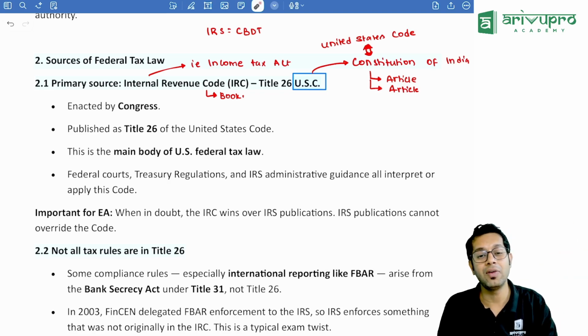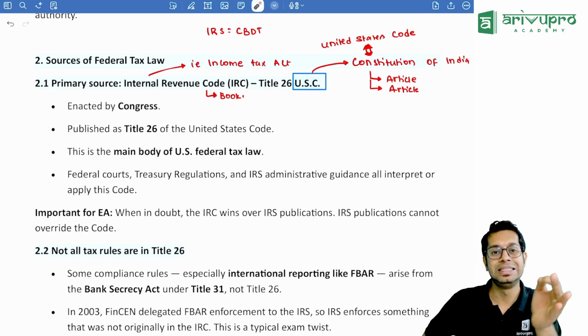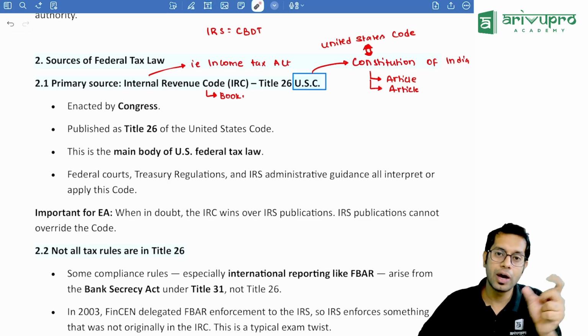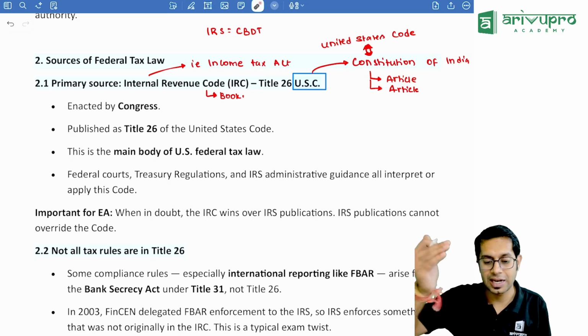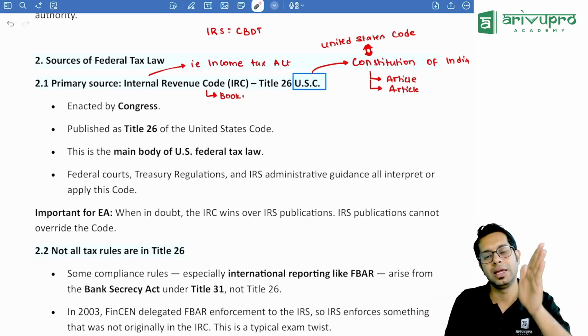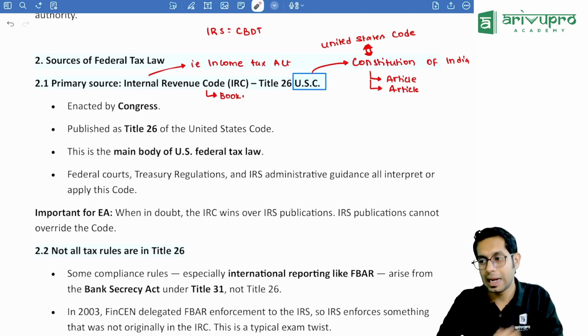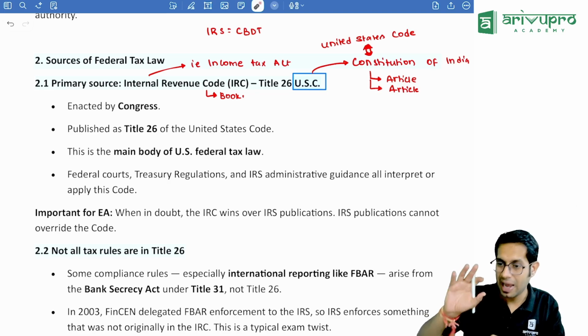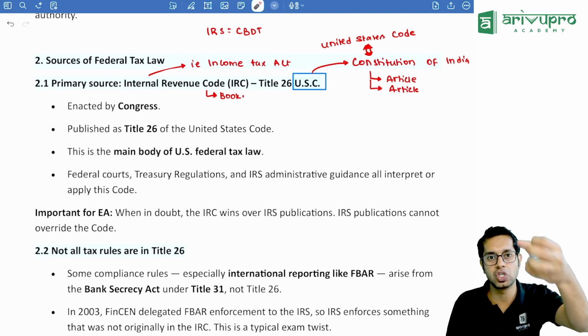Apart from that, we have the Income Tax Appellate Tribunal. We have something called the GST Appellate Tribunal. You would have heard about the National Company Law Tribunal, NCLT. We have these tribunals. Then inside the income tax department itself, we have different levels of officers: the commissioner of appeals, a commissioner who is your jurisdictional officer.